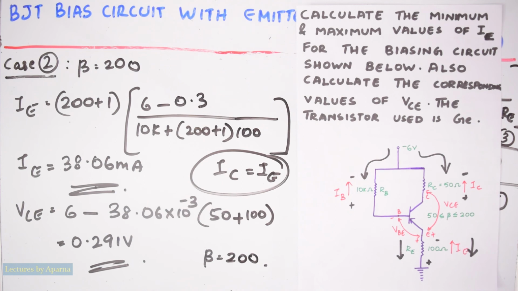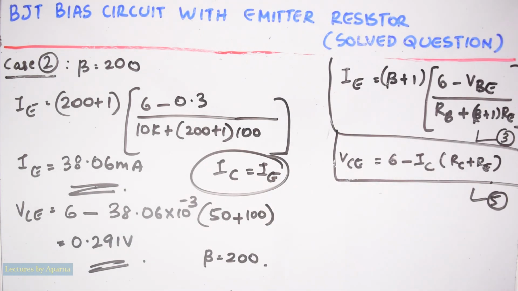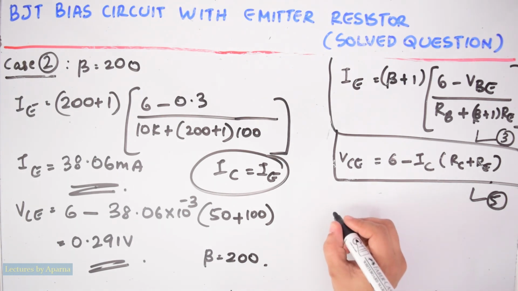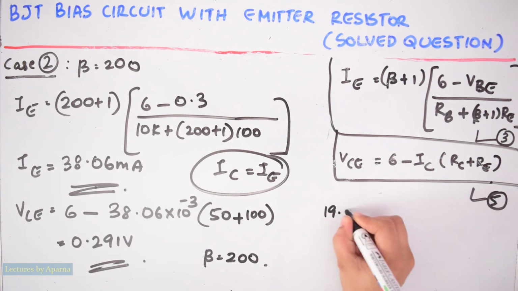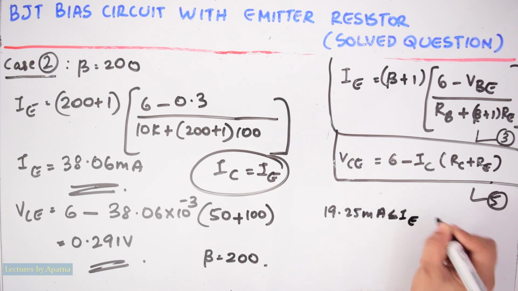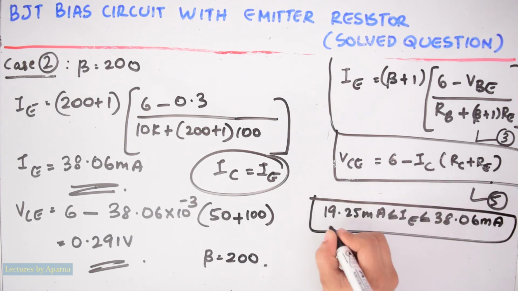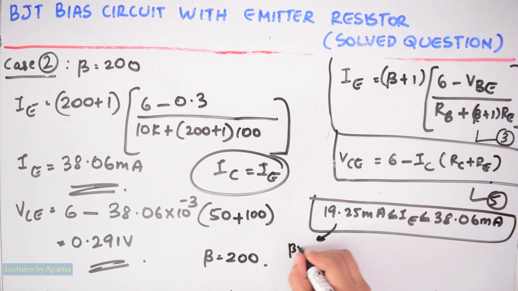Now we can write the range of IE as 19.25 milliampere less than or equal to IE less than or equal to 38.06 milliampere. This was the value of IE for beta equal to 50 and this was the value of IE for beta equal to 200.